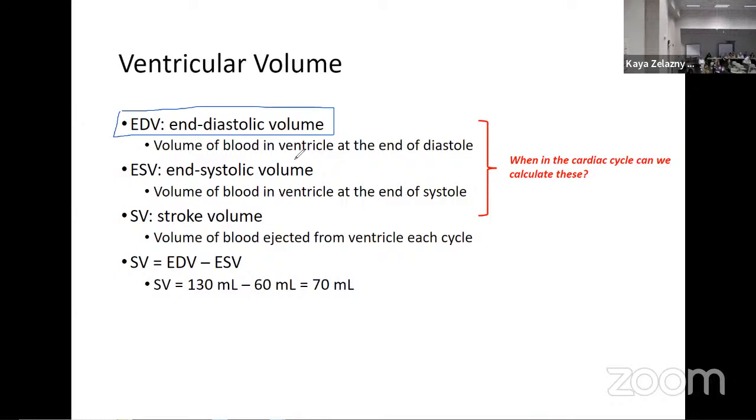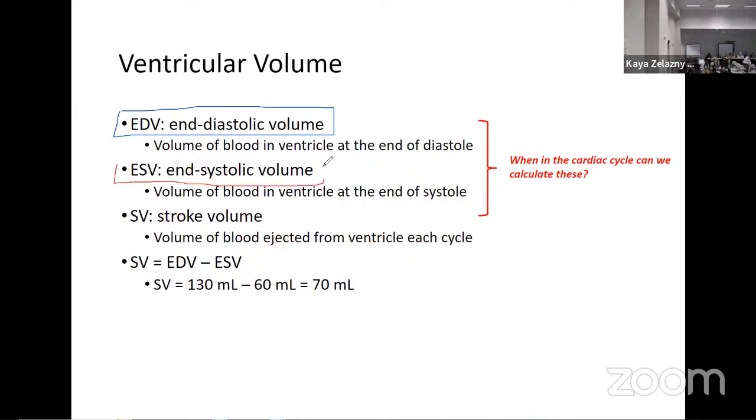So in diastole, the right atrium has filled with its deoxygenated blood from the veins. That started to dribble into the ventricles, and at the end of diastole, thinking from the perspective of a ventricle, those atria have even contracted and pushed their blood into the ventricle, right? So this is the most blood we can have in a ventricle. The opposite is going to be at the end of systole.